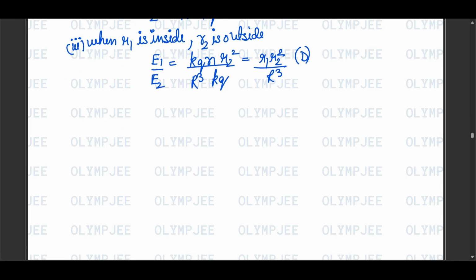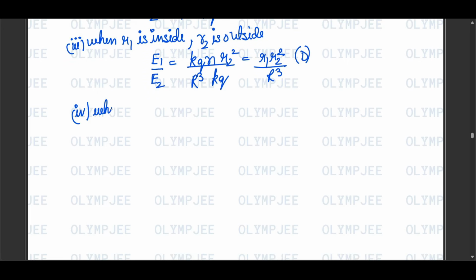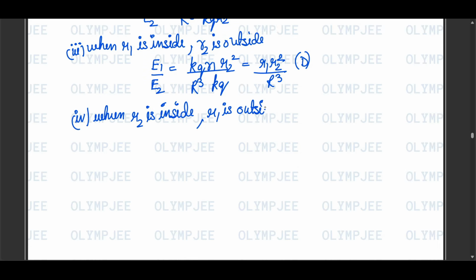And fourth case will be when r2 is inside, r1 is outside. So E1 by E2 will be, we will use the outside formula for E1, which is kq by r1 square, and inside formula for E2, which is kq r2 by r cube.